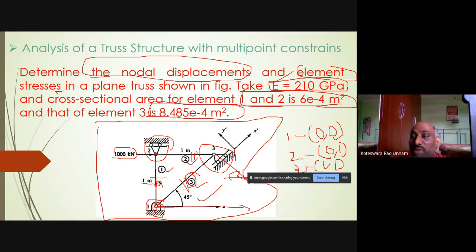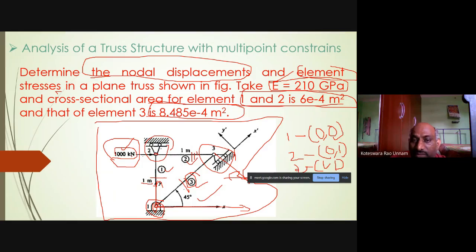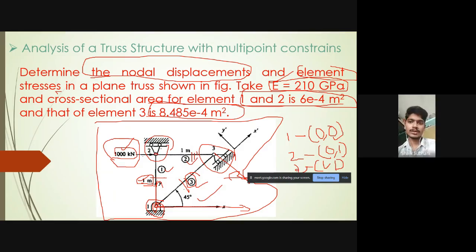One more important point we need to remember is that your units should always be consistent. See here, what is the load he is applying? 1000 kilonewtons. The load is in kilonewtons. What are the length dimensions he has given? Meters. But what is the Young's modulus he has given? 210 gigapascal.